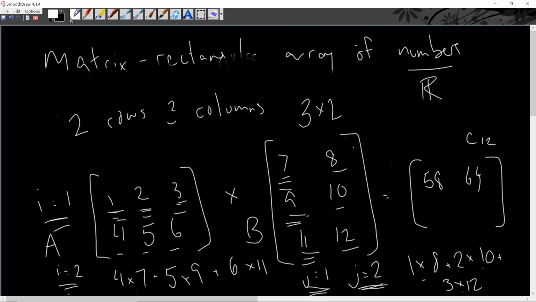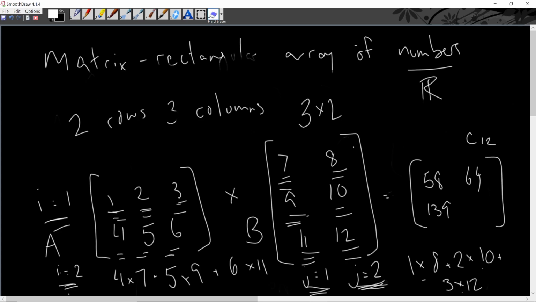So that's going to be 66 plus 45. What's 66 plus 45? 111 plus 28. Yep, 139. And then we have to do the ith row of 2 times the jth column of 2. So we're going to have to do 4, 5, and 6 times 8, 10, and 12.